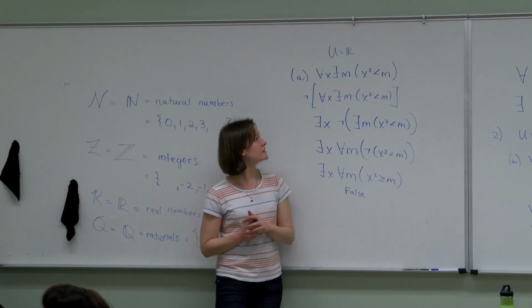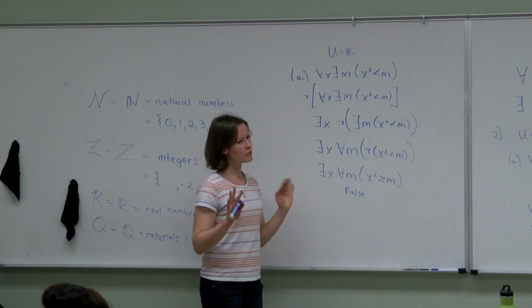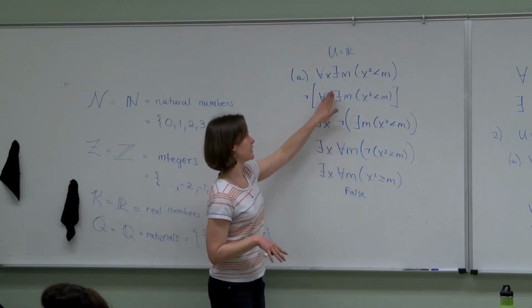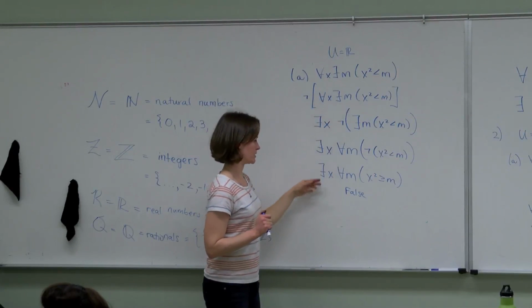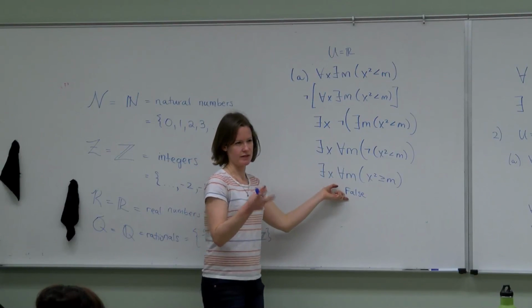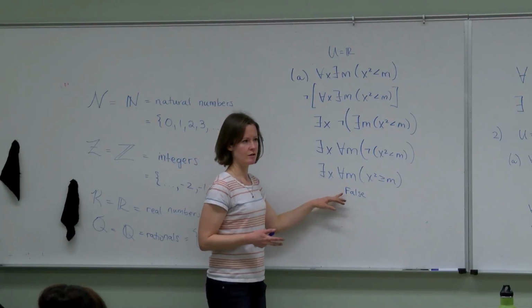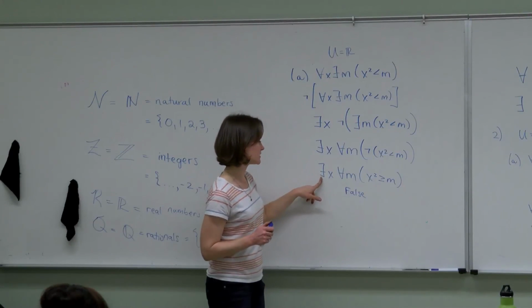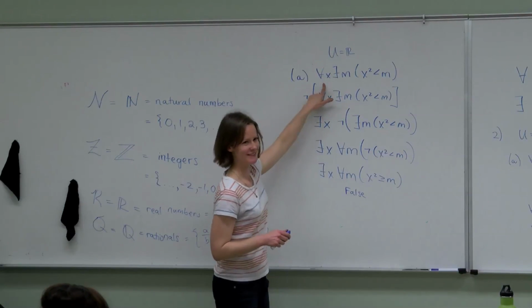Right, we haven't proved anything. We've talked through how we might prove this, which makes the negation of it false, and we can reason through why this is false. But if we had to prove that this was false, it would be easier to prove that this is true.